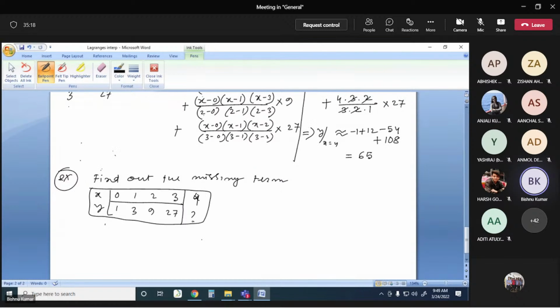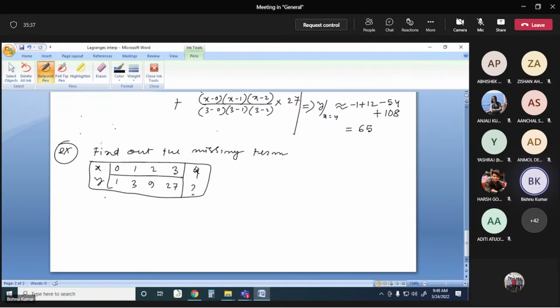Now I am not using any interpolation techniques. Simply I am going to use some scientific logic, and with the help of operator I am trying to calculate this. That logic is, how many given points do you have here? The non-given point is only 4.